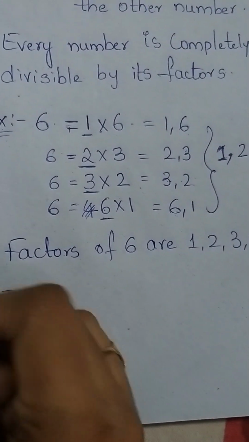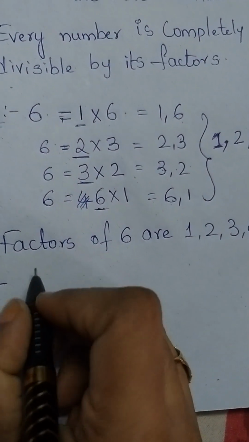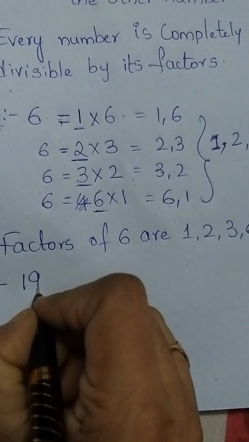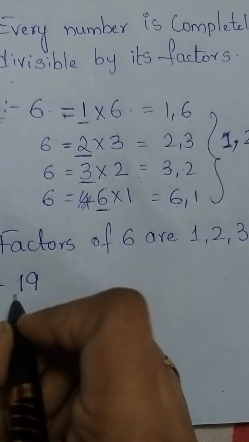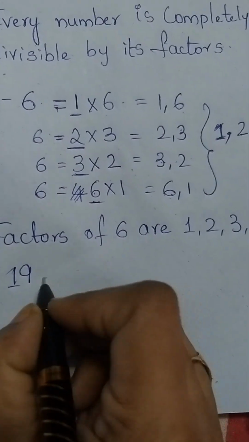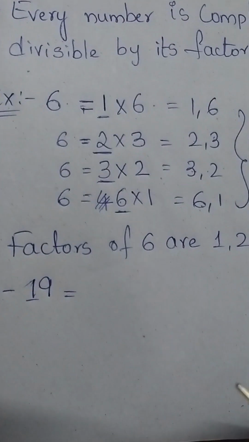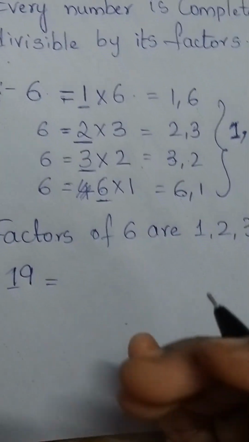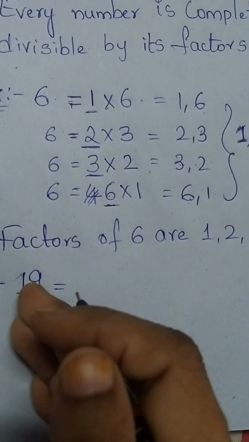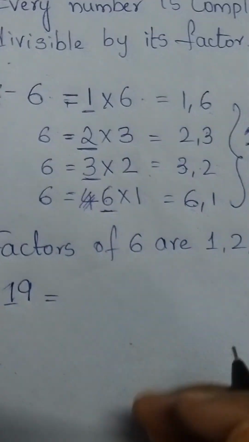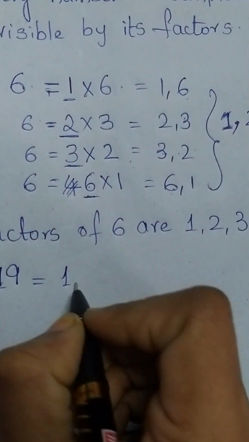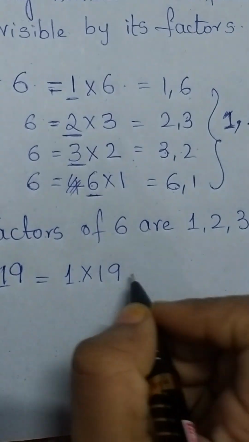Next, second example: find the factors of 19, children. Which table is 19 coming in, and which number divides 19? You have to check. First, 1 is a factor, 1 into 19 is 19.